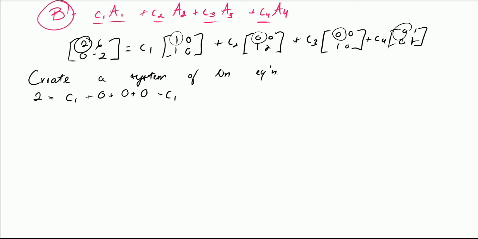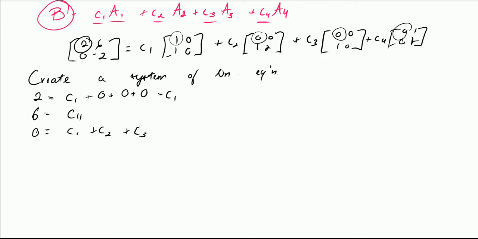Then my second linear equation will be 6 is equal to 0 times C1 plus 0 times C2 plus 0 times C3 plus C4. So I actually know that C4 is 6. Then I'll get 0 is equal to C1 plus C2 plus C3.